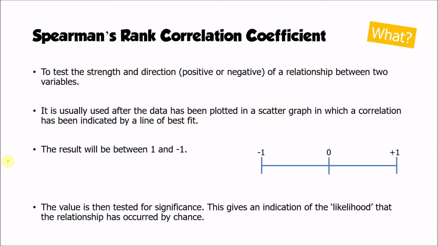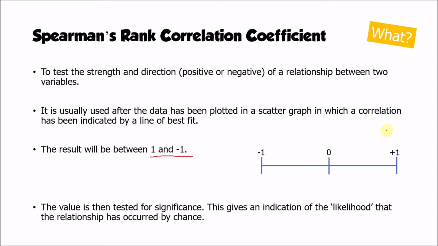So if we deal with the first point about the strength of the relationship, that relates to the calculation that we will do, and the result of our calculation will give us a number between +1 and -1. And the closer our result is to 1 or -1, the stronger that relationship is.